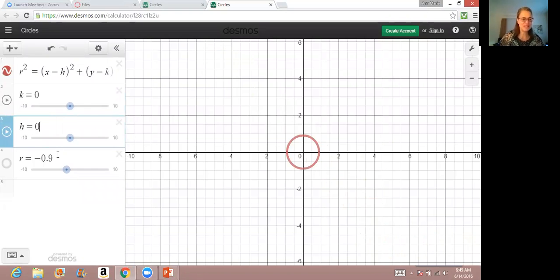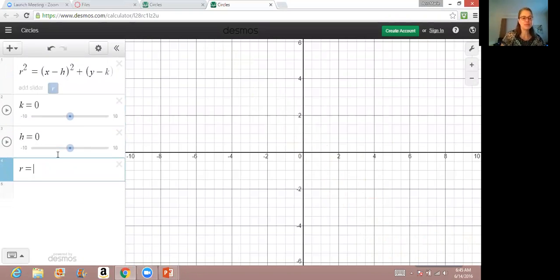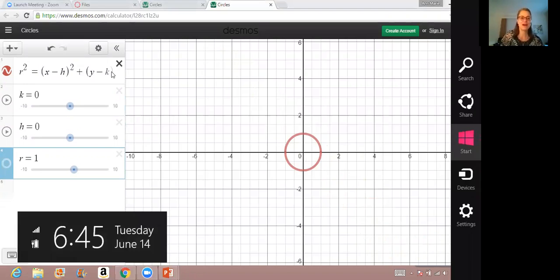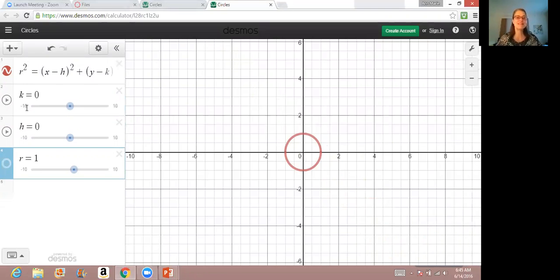Okay, so what do you need to know here? You need to be able to recognize and use the basic equation for a circle: r squared equals x minus h squared plus y minus k squared. You need to know what all of the different parts of that equation mean.